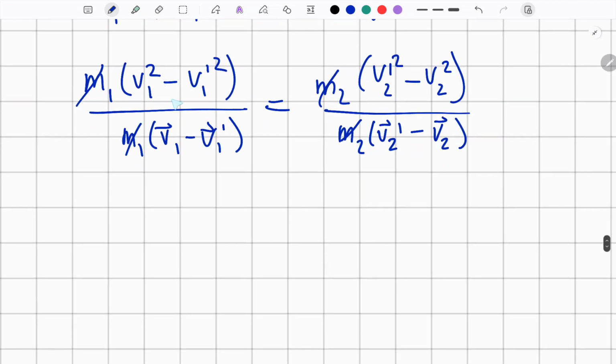Now you notice this is not a perfect square, but we can put it into two sets of binomials, multiply it out.